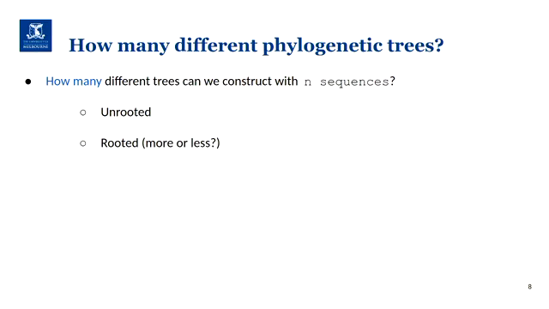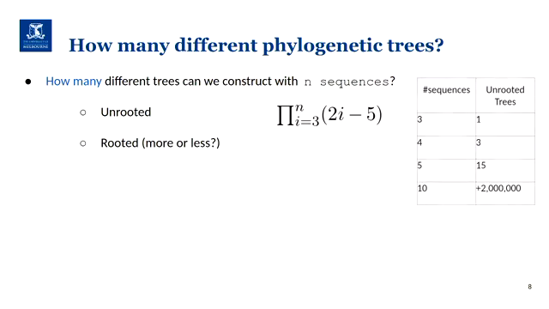Quadratic, a linear number? Is it something that we can actually generate all of them and identify what's the best one we want? Not really. So the number of potential trees we can create is actually close to a factorial.